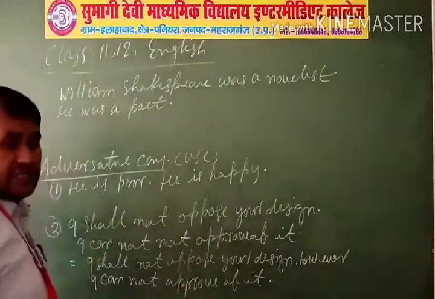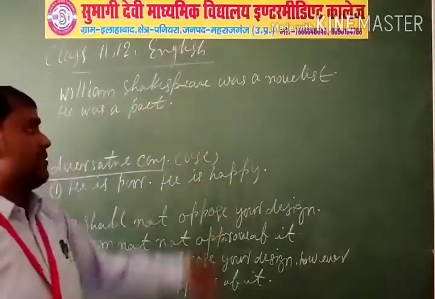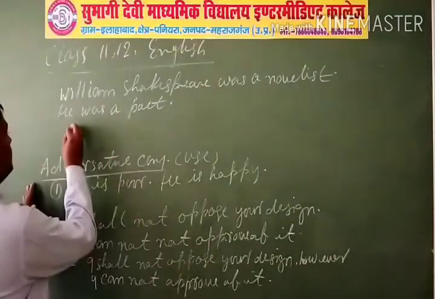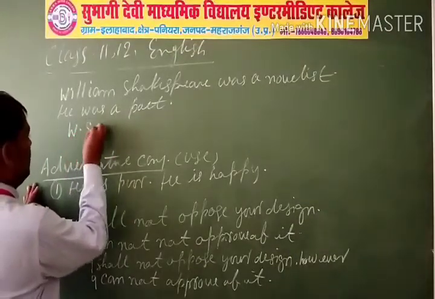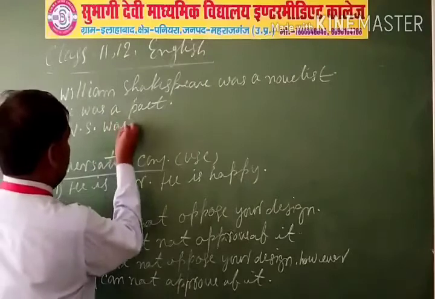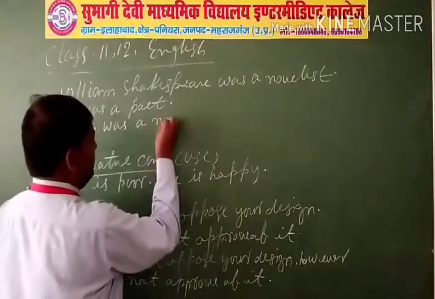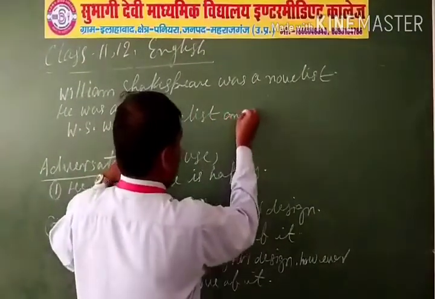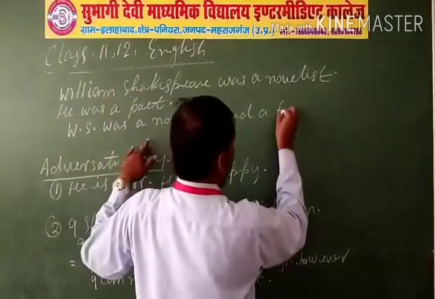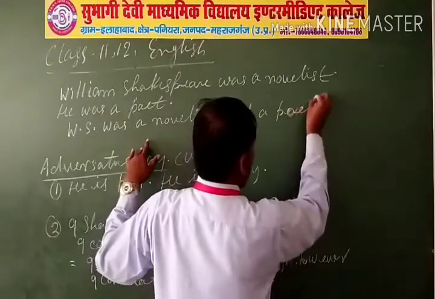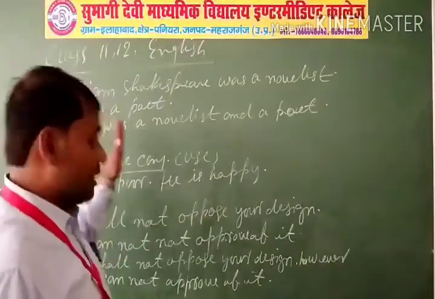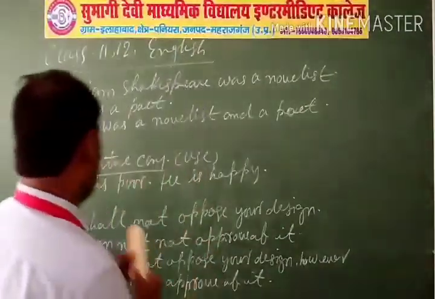Here are two sentences: William Shakespeare was a novelist, he was a poet. Now, by the help of cumulative conjunction and, William Shakespeare was a novelist and a poet. In this way, you can add these two sentences into one compound sentence, and also with the other words.